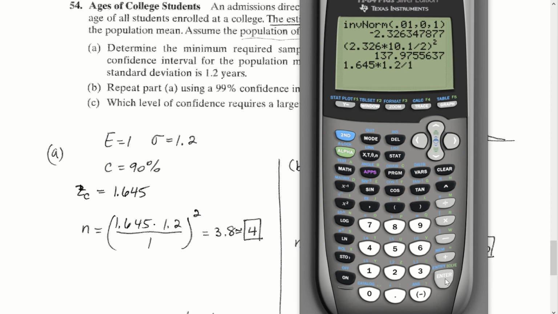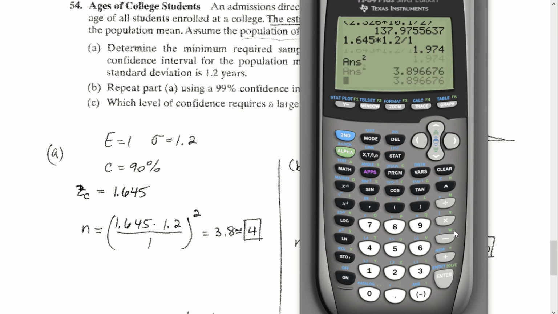I'm going to do it differently this time. Let me work out that part first. And now that's what's on the inside. I need to square that. And we would get 3.89-ish. But that's going to round up to a minimal sample size of 4. So for the 90%, we need a minimal sample size of 4.